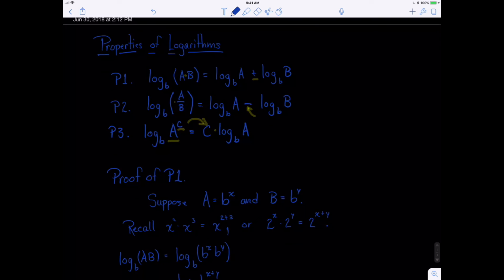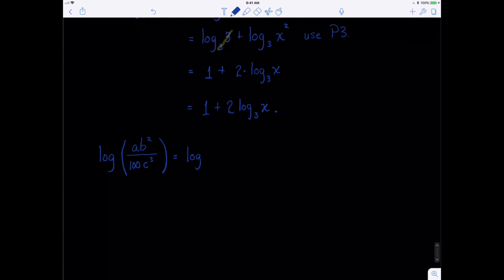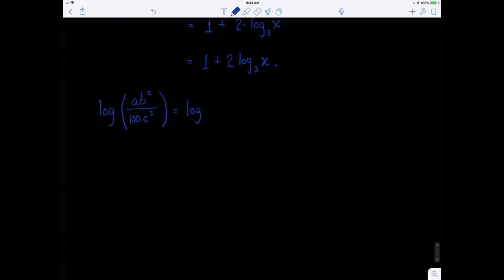So, coming down here, this becomes a subtraction problem. We have the log of ab squared minus the log of 100c cubed.